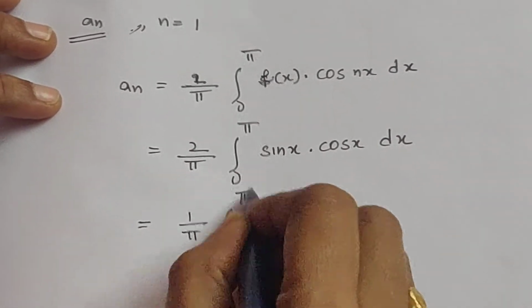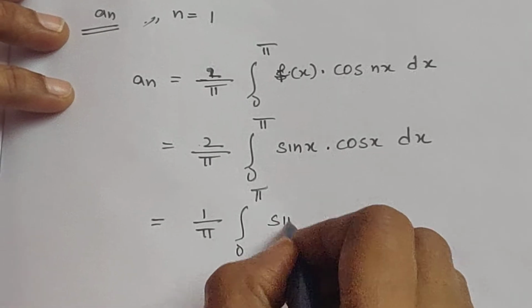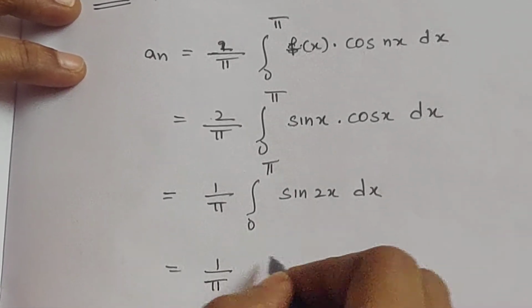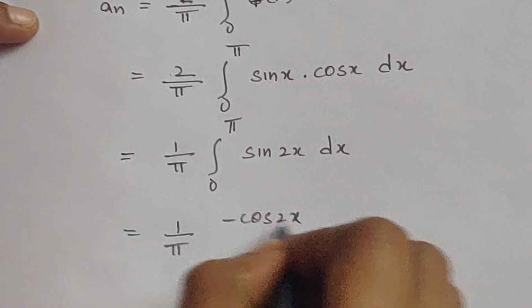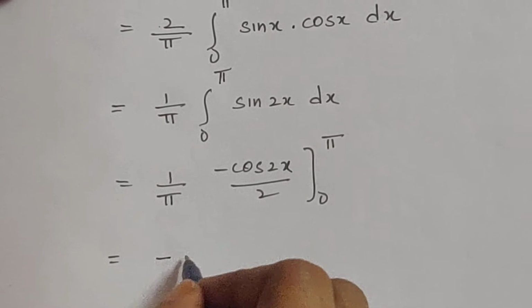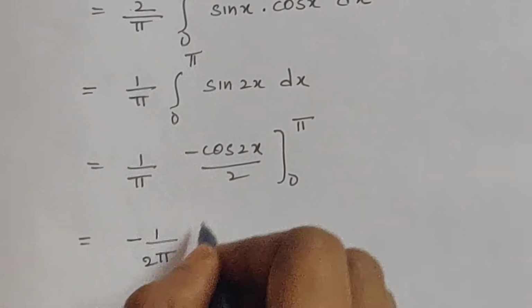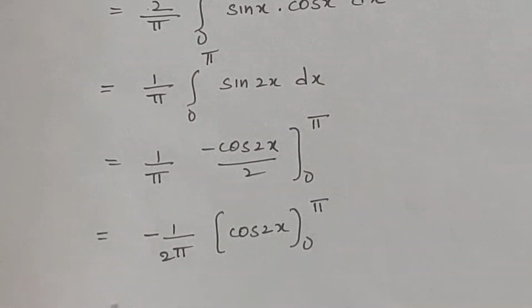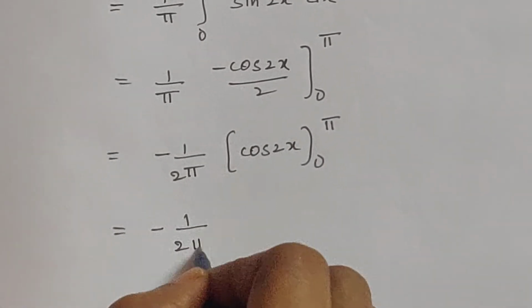Integral 0 to pi, 2 sin a cos b, that is sin 2x dx. Integral of sin is minus cos 2x by 2, limits 0 to pi. So minus 1 by 2 pi, here cos 2x, limits 0 to pi.